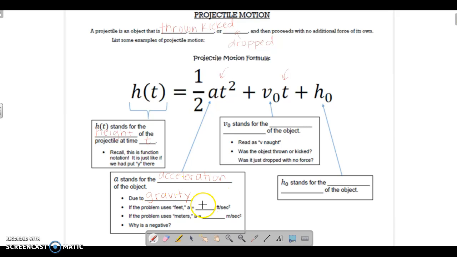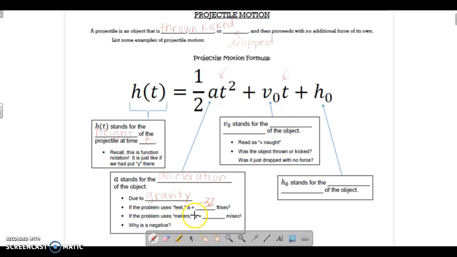So if the problem uses feet, we're going to plug in negative 32. And notice that we're taking 1/2 times the acceleration. So negative 32 isn't going to be part of your final function there. You're going to take half of that to get negative 16. But that's if the problem uses feet.